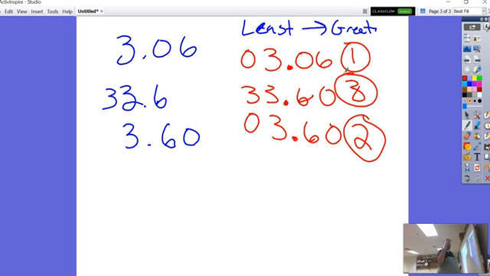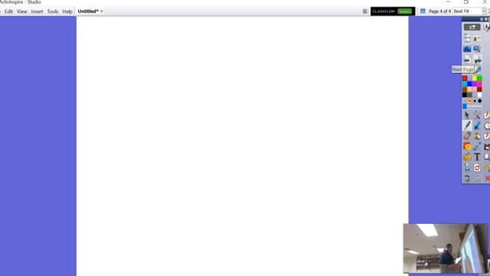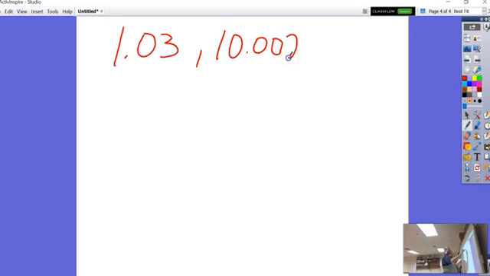So line up the decimals and see which ones are greater. Let's try one more here. Let's go 1.03, 10.002, and 10.02, and let's go from greatest to least this time.